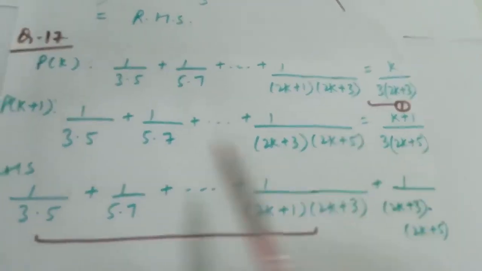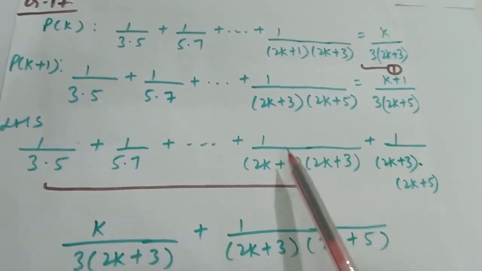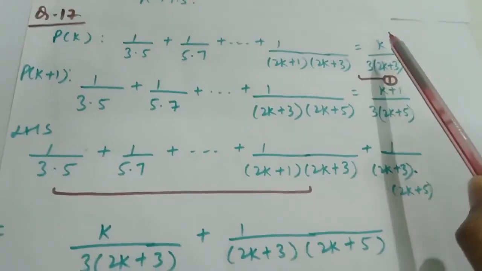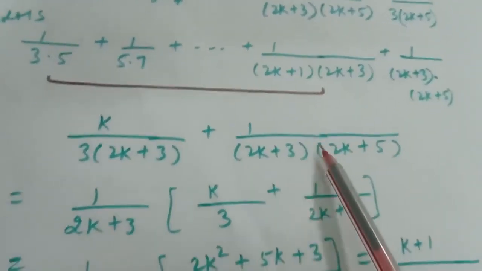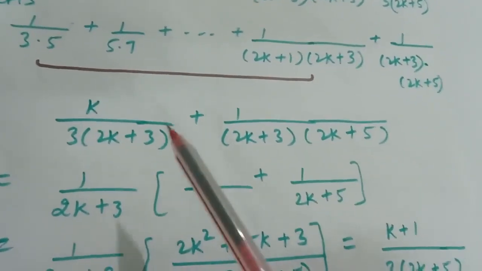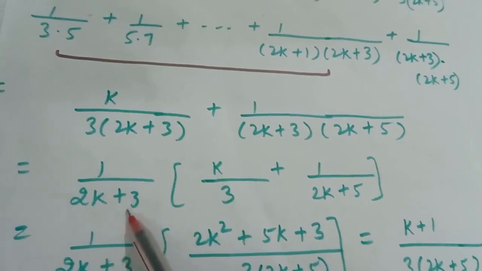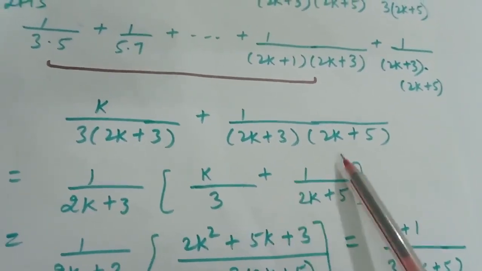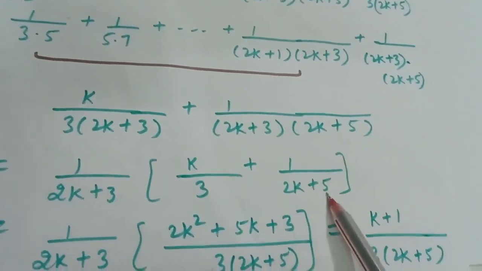Taking LHS, writing all the terms, also mentioning the kth term, the result up to here from 1 we can see it is k upon 2k plus 3 plus the left term. Now from both of these terms we can see 1 upon 2k plus 3 is common. Take it out, k upon 3 plus 1 upon, from here the left term will be 1 upon 2k plus 5.